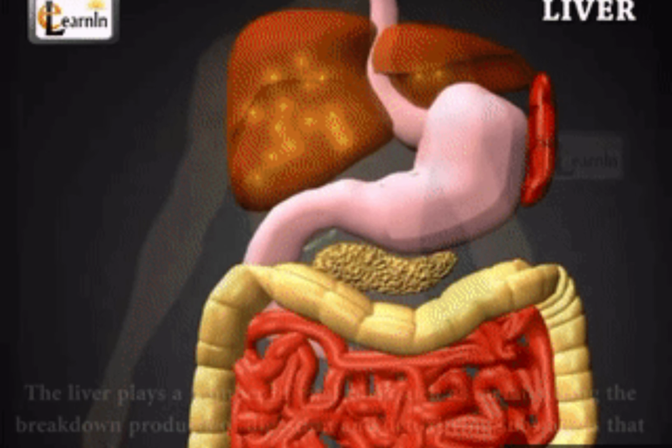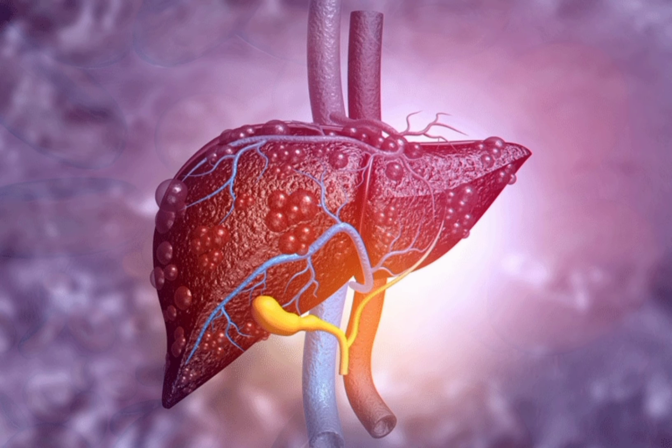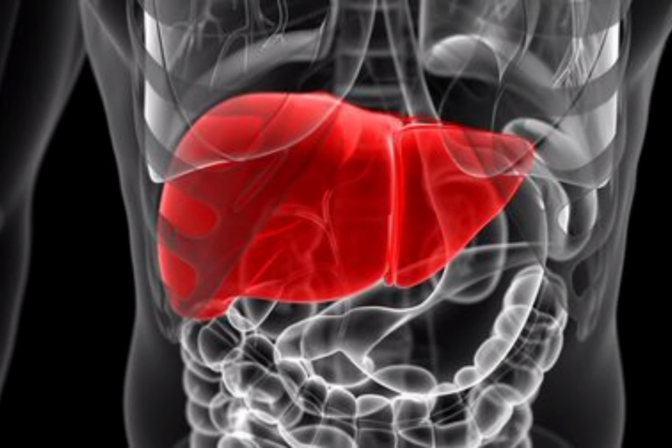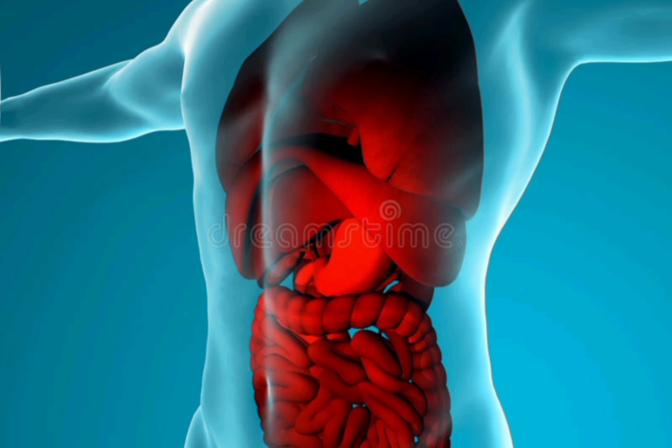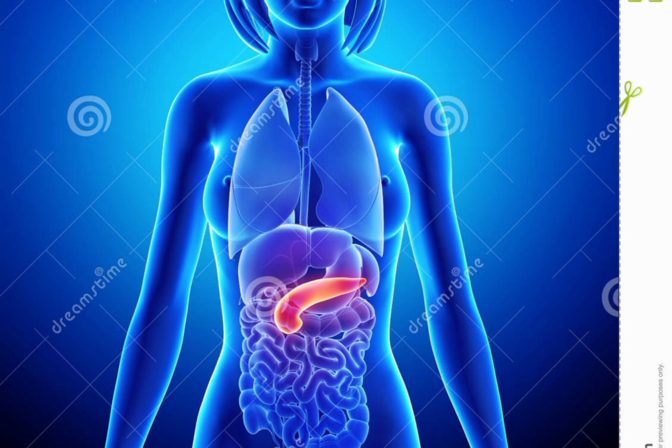Okay, so now I will give a brief description of the intrahepatic. Biliary passage starts with the liver cells or hepatocytes. Inside each hepatocyte, bile is formed and passes into the canaliculi between two rows of liver cells or hepatocytes.